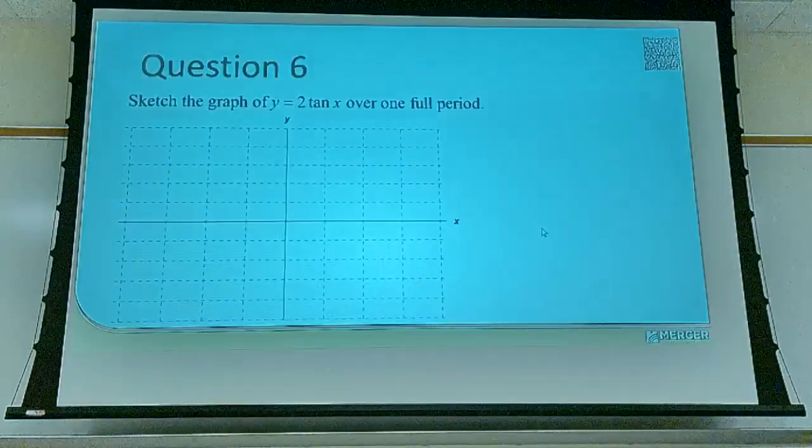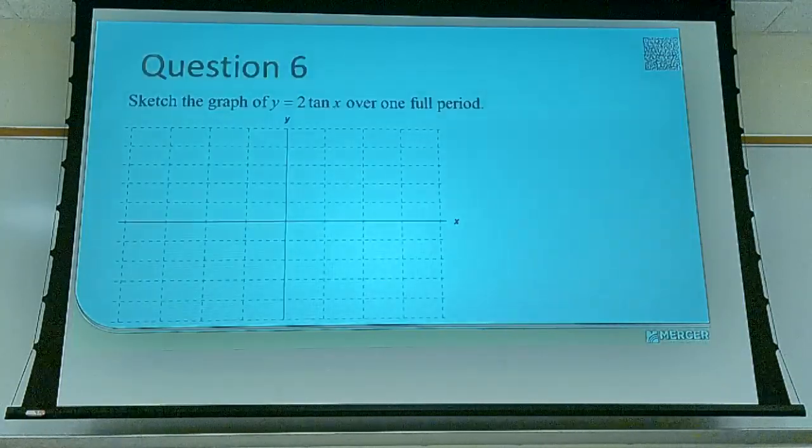Tangent has no midline, so don't worry about that. It doesn't have an amplitude. The amplitude wouldn't be 2, because tangent doesn't have a max nor a min.